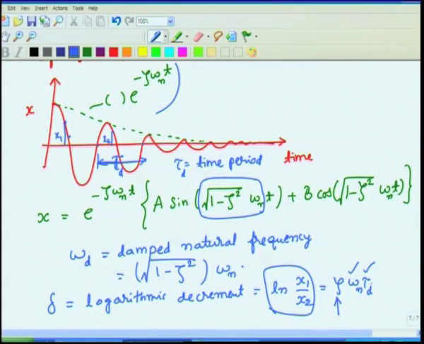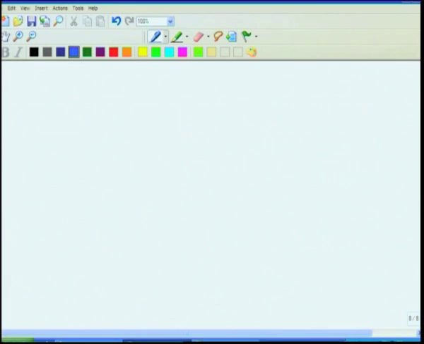You can get the time period once you have a waveform like this, and compute its natural frequency. If you can compute this logarithmic decrement, that is the amplitude x1 at a certain point and x2 one cycle later, the logarithm of the ratio, and equate it to these, the unknown becomes your damping coefficient that you can compute. It is very useful in experiments.